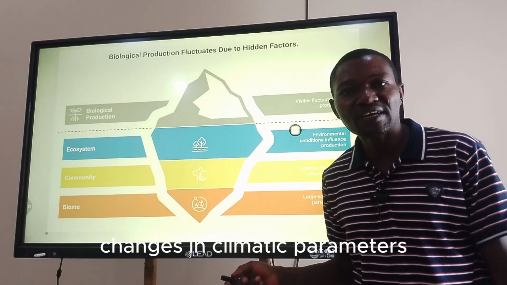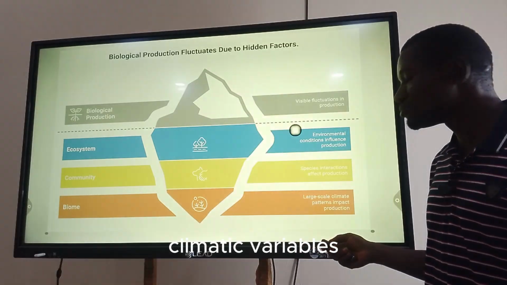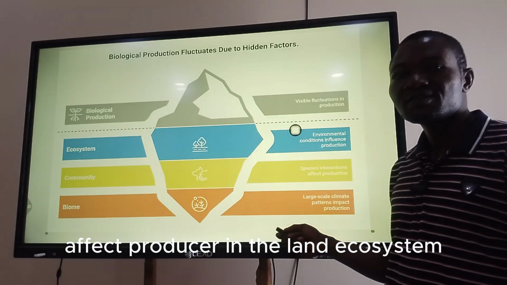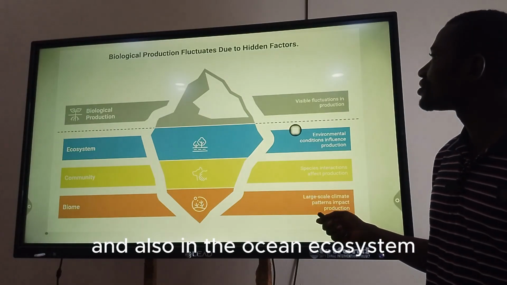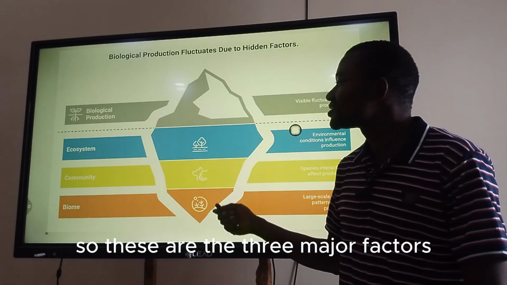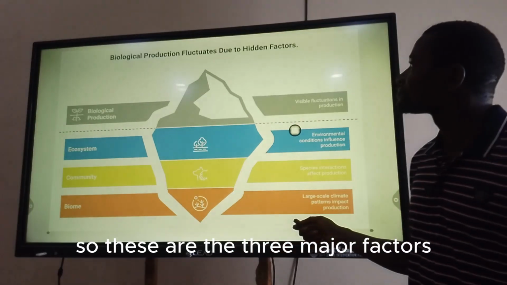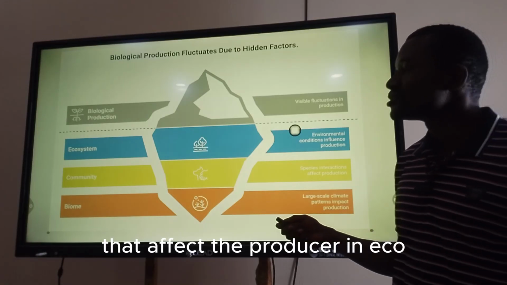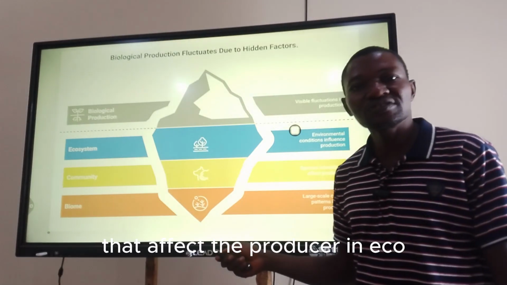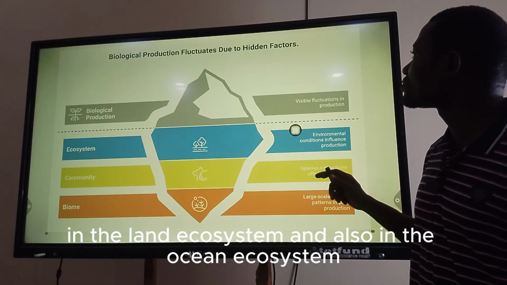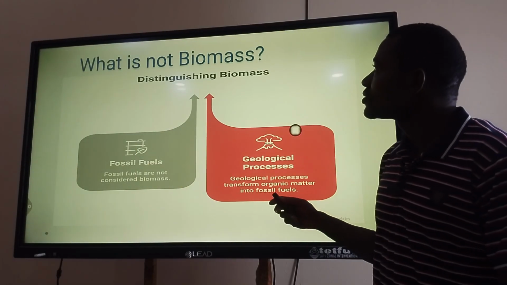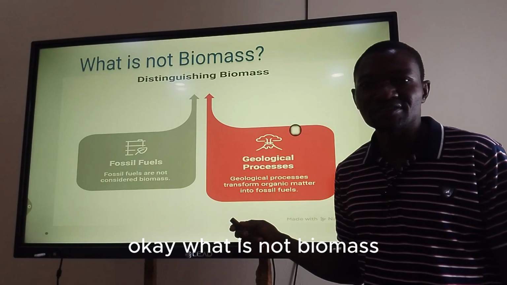Changes in climatic parameters, climatic variables, affect producers in the land ecosystem and also in the ocean ecosystem. So these are the three major factors that affect the producer in the land ecosystem and also in the ocean ecosystem.